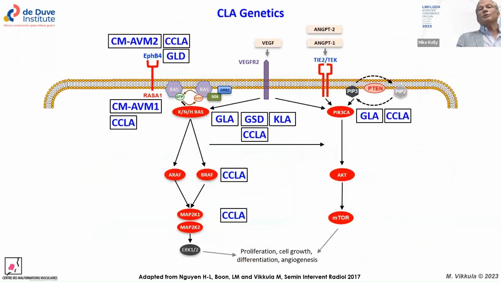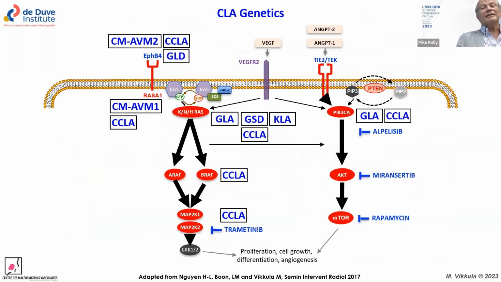And if we go to the pathways that you now know all very well and the different CLAs, we know that these 2 major pathways, that also in the patient presentation was already mentioned, the NRAS mutation, are involved in many of our patients. And so the inhibitors, of course, are now being used off-label or in clinical trials. And it is great to see that this is giving new hope for many of these patients.